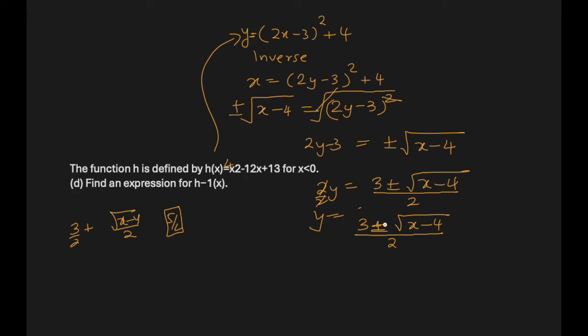That means we can't add, we have to subtract, and that's why I will ignore the plus in this case, and in place of this I can write h inverse. h inverse of x is equal to 3 minus the square root of x minus 4, over 2. This is the function.